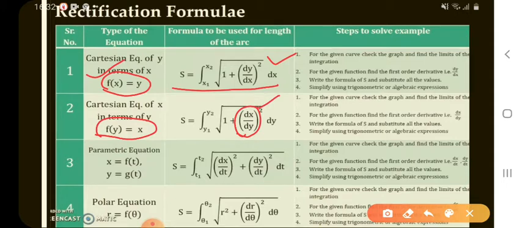Then we substitute all these values in the given formula. What is the formula? S equals, what is s here? Length of arc. We denote length of arc with s. So s equals integral y1 to y2 root 1 plus dx by dy whole square, and with respect to dy we integrate the formula.